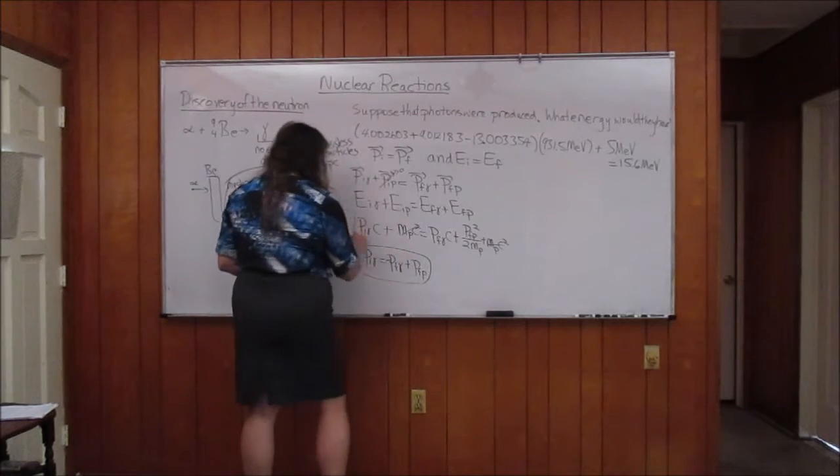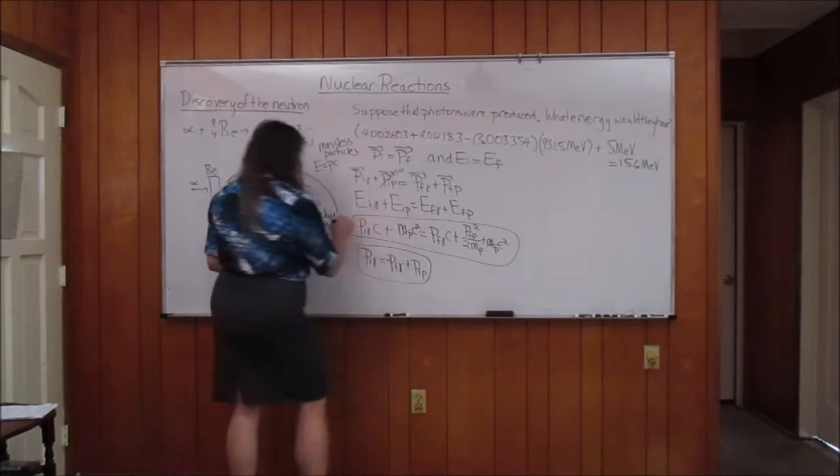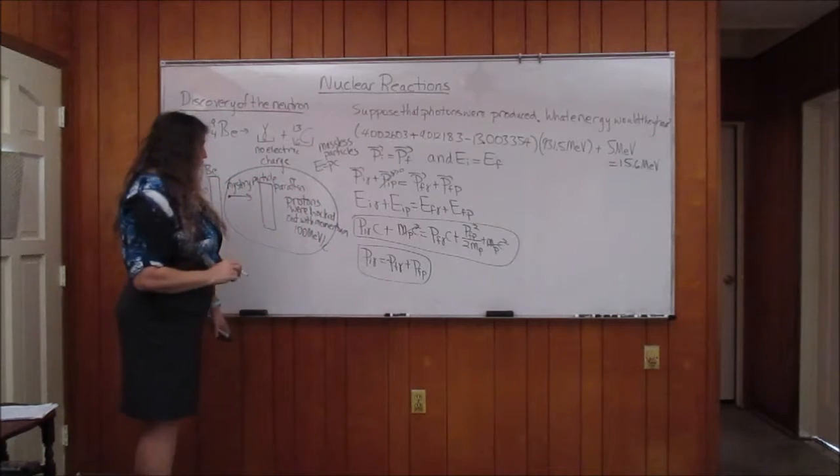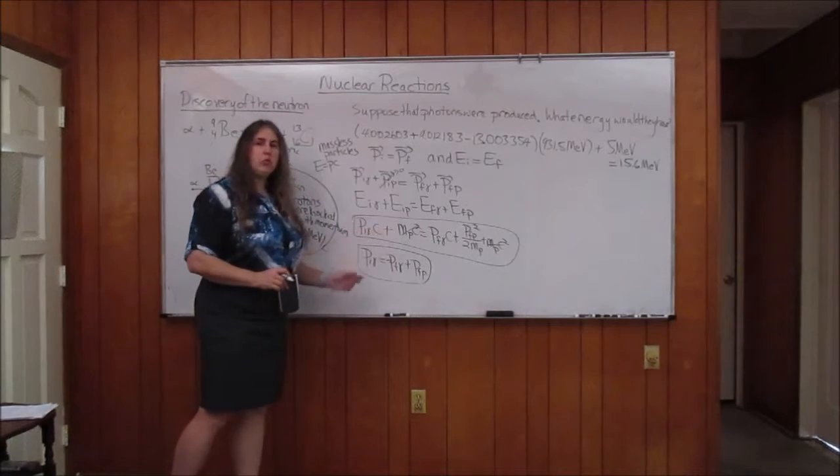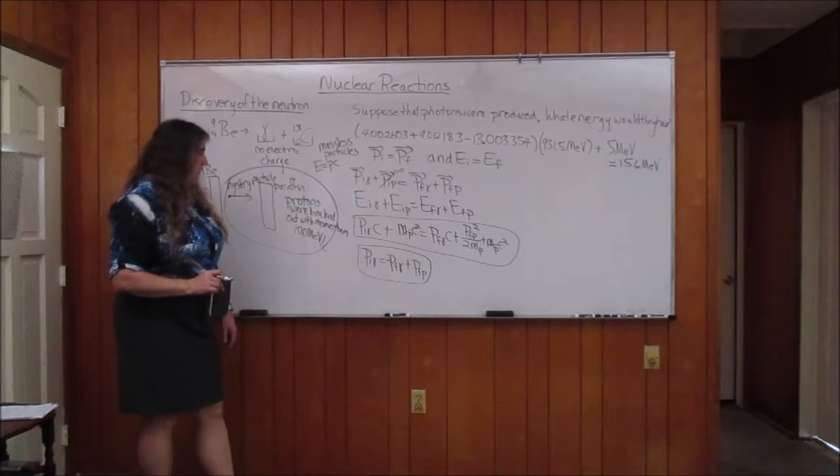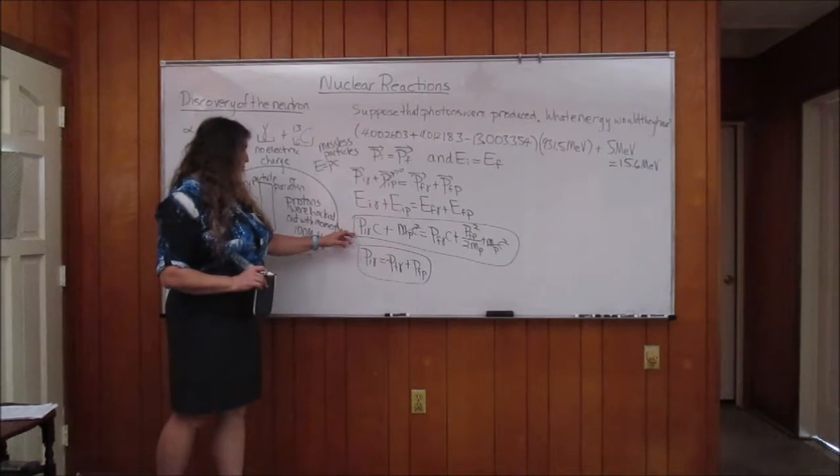So here are 2 equations, and we have 2 unknowns here. The 2 unknowns, of course, are the momentum of the gamma particle, or the gamma ray.